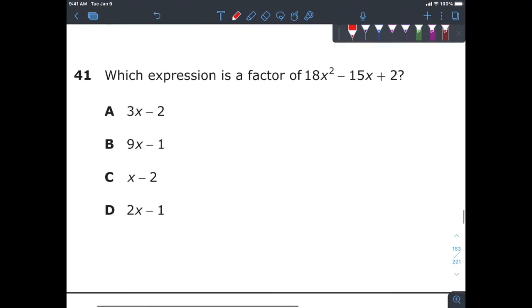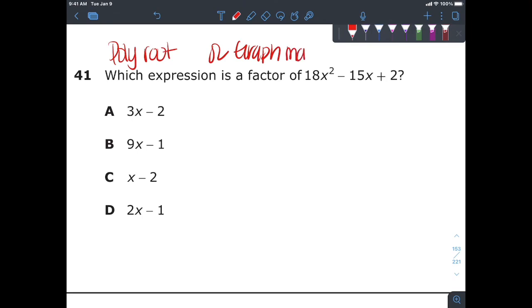Number 41, which expression is a factor of this? So I'm going to go ahead and factor this by hand, but I could also use a polyroot to verify. All right, so let's go ahead and do this.